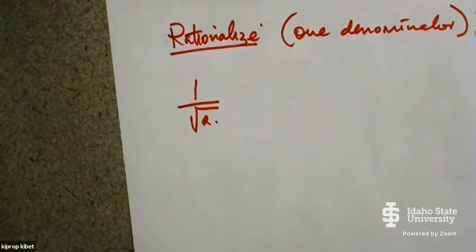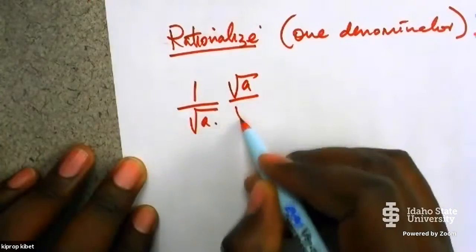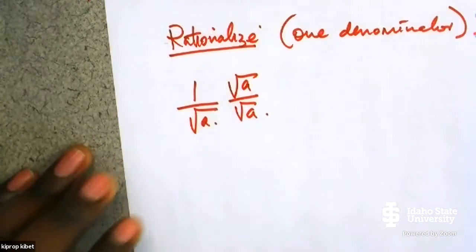So how should we simplify this? We can simplify this by rationalizing it. We multiply by the root of a over the root of what? A, right?